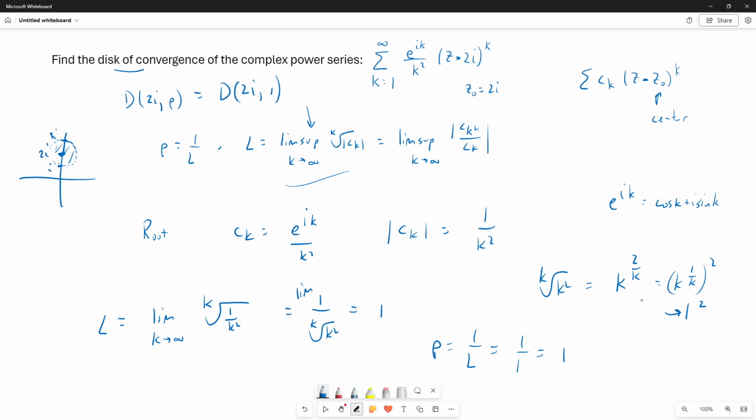More details on this limit: if you want the limit as k goes to infinity of k to the power 1 over k, we have to use L'Hopital's rule with e to the log of k to the 1 over k.